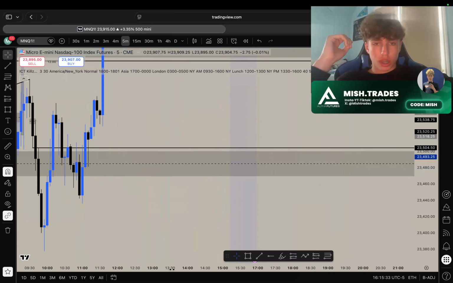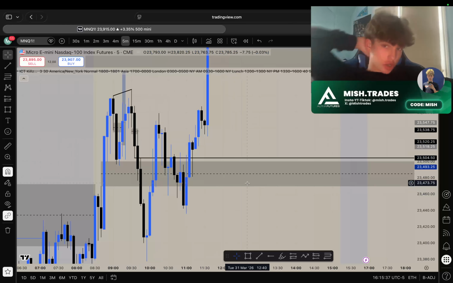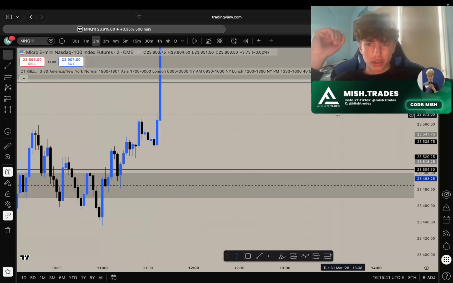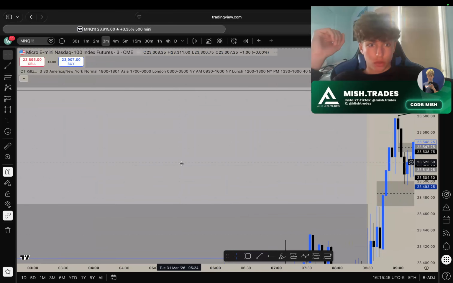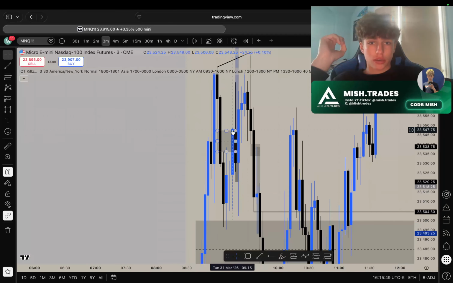Boom. We tapped into this gap right there. And then I was looking for a continuation model, which in this case I believe was a 3-minute. There we go. 3-minute gap, which I entered right here on.